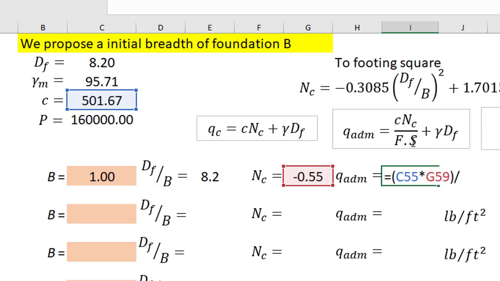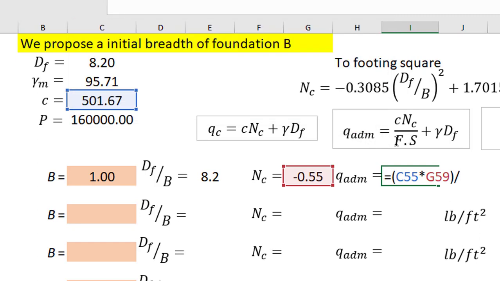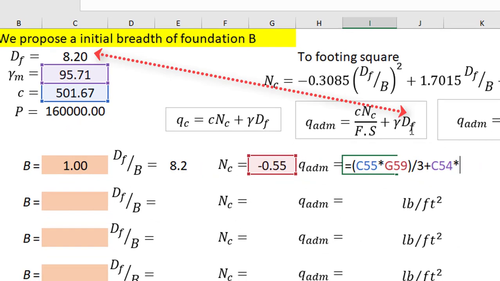The security factor usually is between 1.5 and 3. In this case, we will use security factor equal to 3 plus the unit weight of soil by the depth of foundation level.